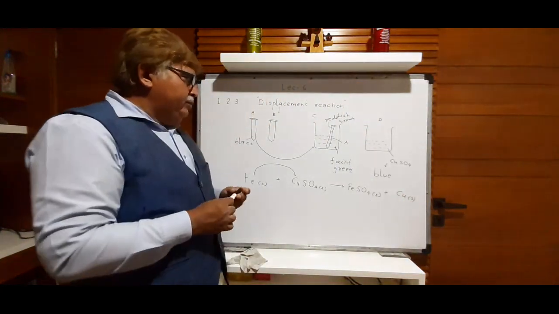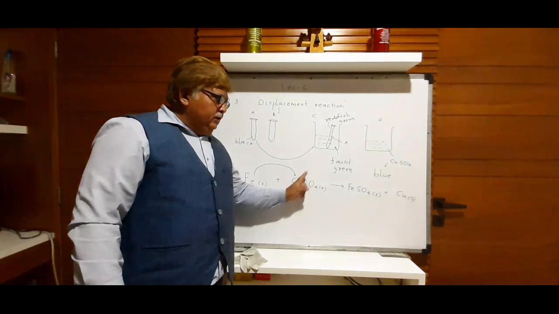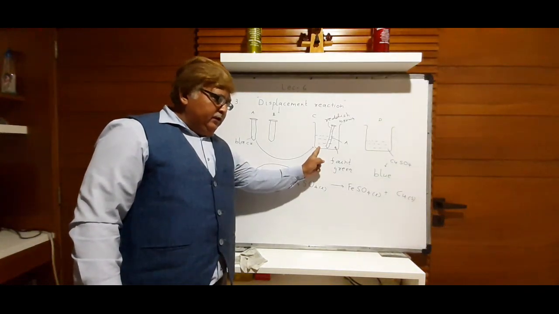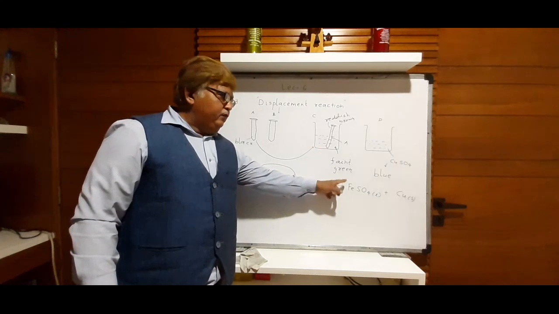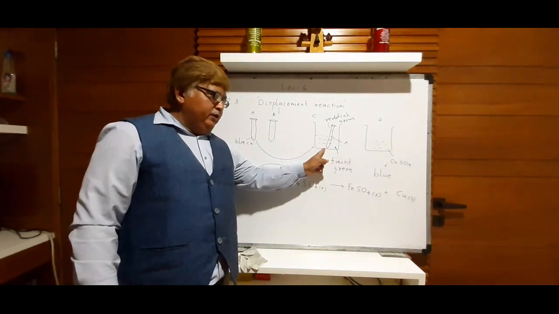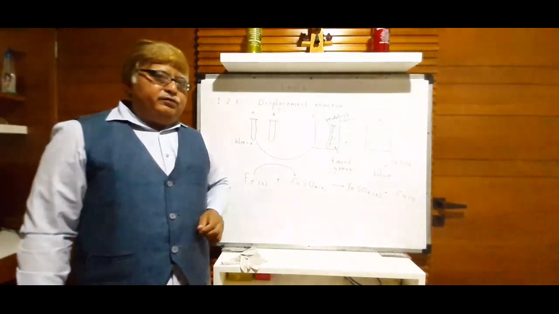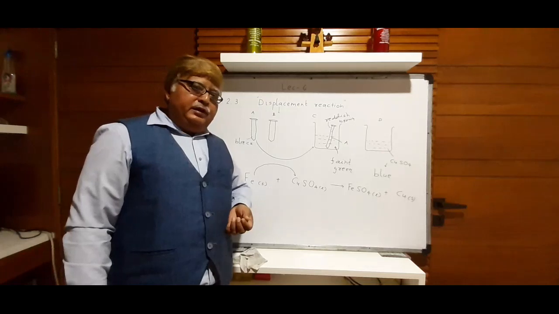Actually what happened? Copper sulfate, initially blue in color, converted into ferrous sulfate, which is faint green. So now here there is no copper sulfate. Now here is ferrous sulfate, which is faint green in color.